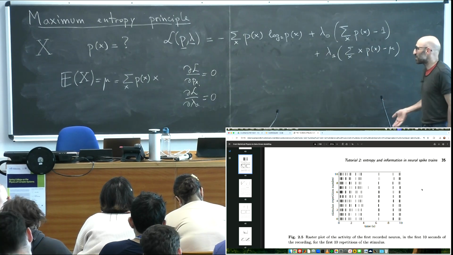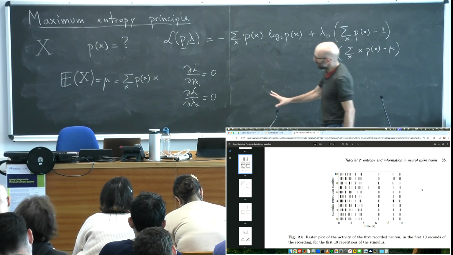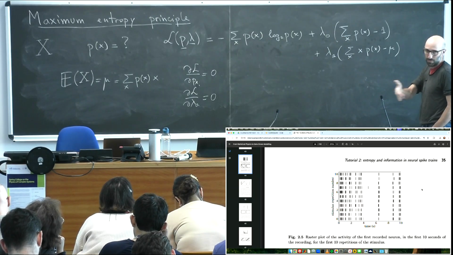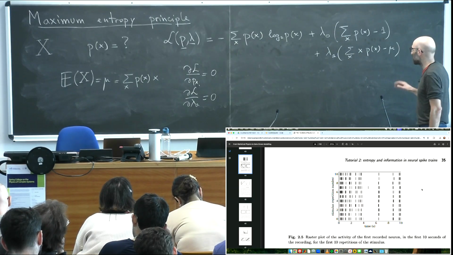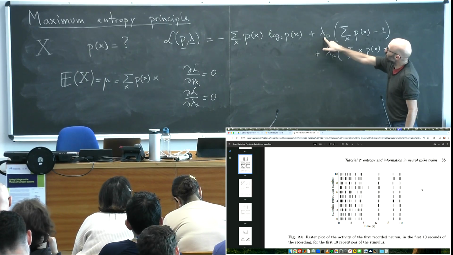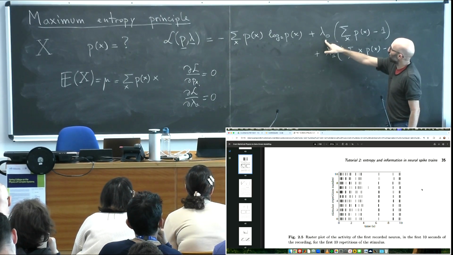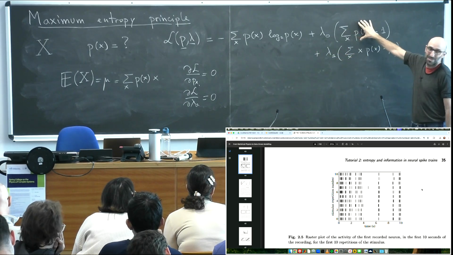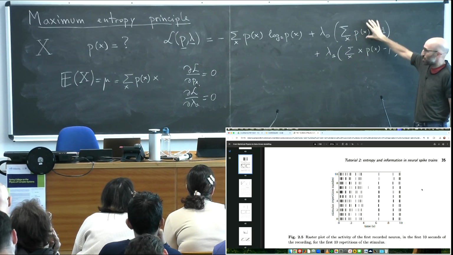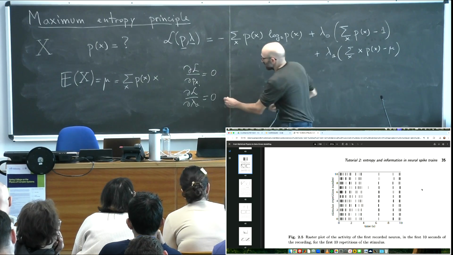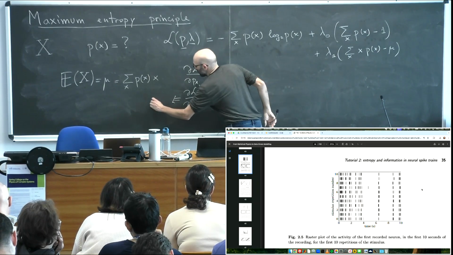This has a geometric interpretation that is quite easy, and again, it's in the book, and I'm happy to discuss it later if you want. So if you take the derivatives with respect to the lambda, for example, if you take the derivative with respect to lambda 0 and you set it to 0, you get that this quantity should be equal to 0, which is the constraint you want to impose. So this part gives you the constraints.